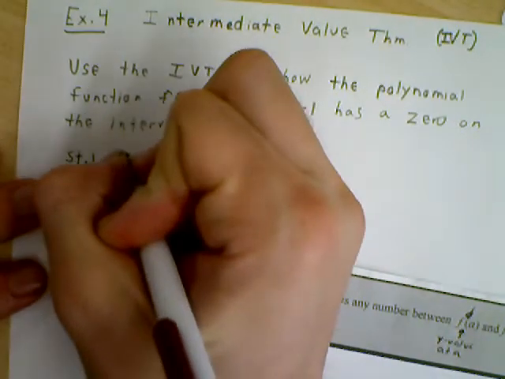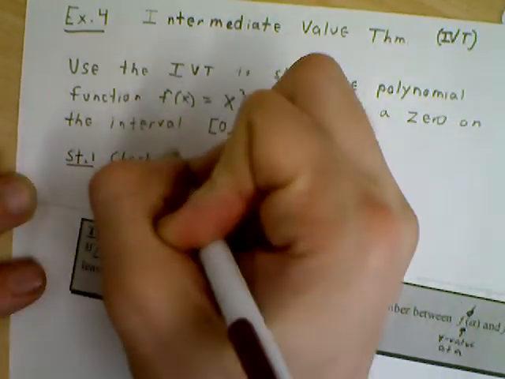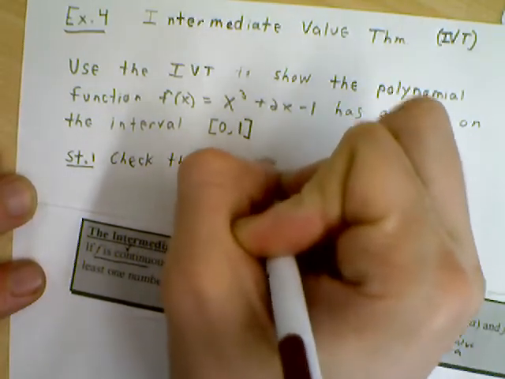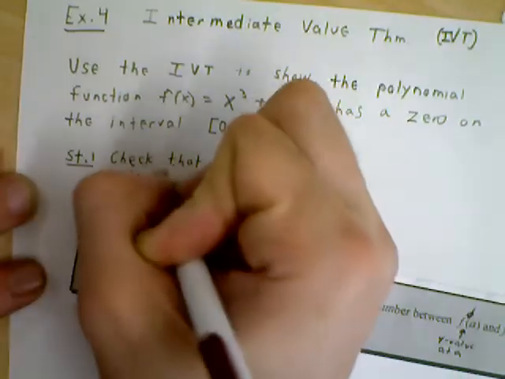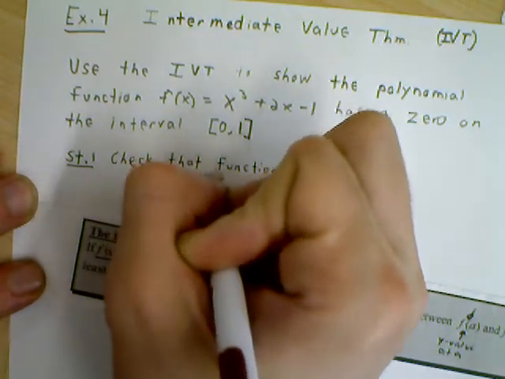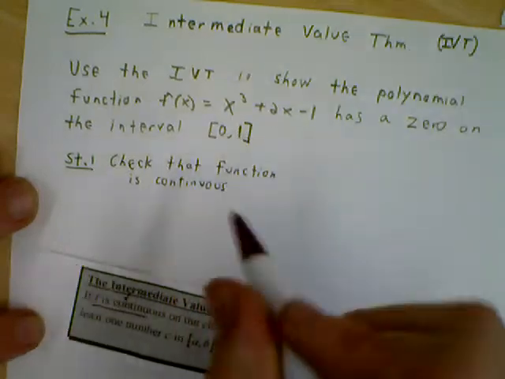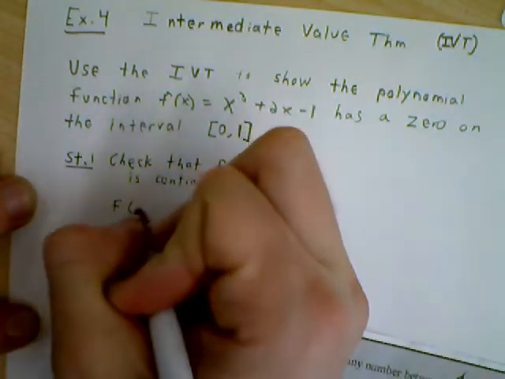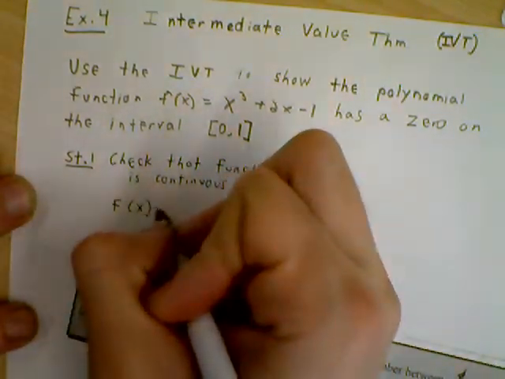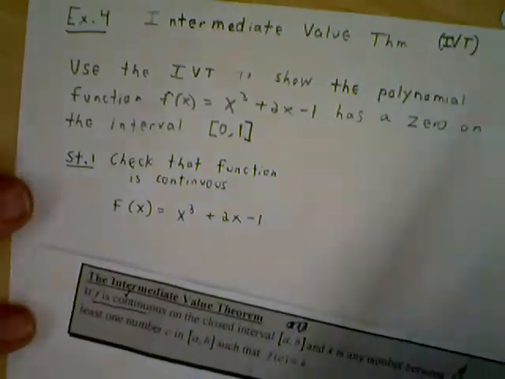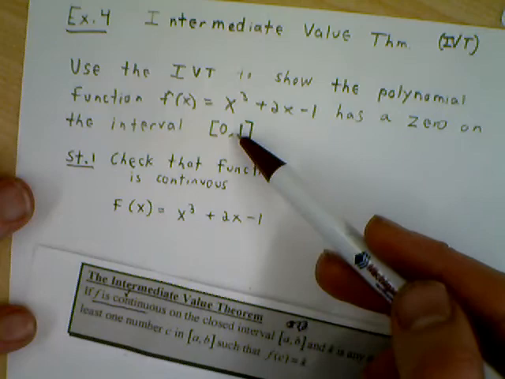We're going to check that our function is continuous. So this is my function f of x equals x cubed plus 2x minus 1. Well, we're checking that it's continuous on that interval.